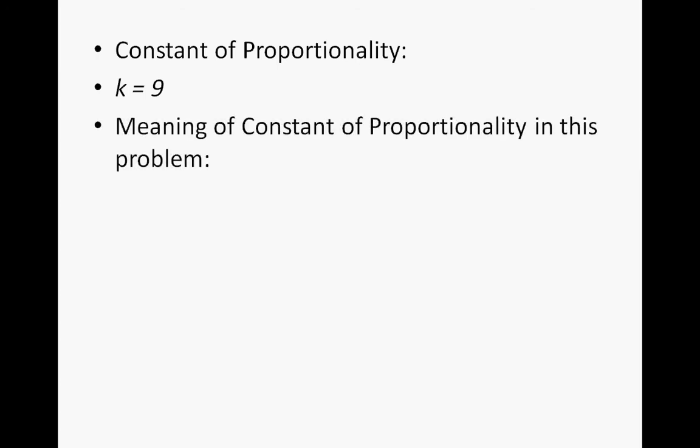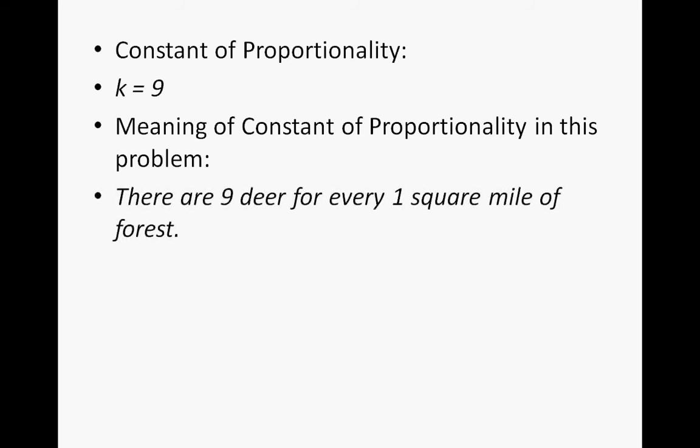What is 9 representing? Write it in a sentence format. What is the meaning of the constant of proportionality in this problem? You should have that there are 9 deer for every 1 square mile of forest. That's what the constant of proportionality is.